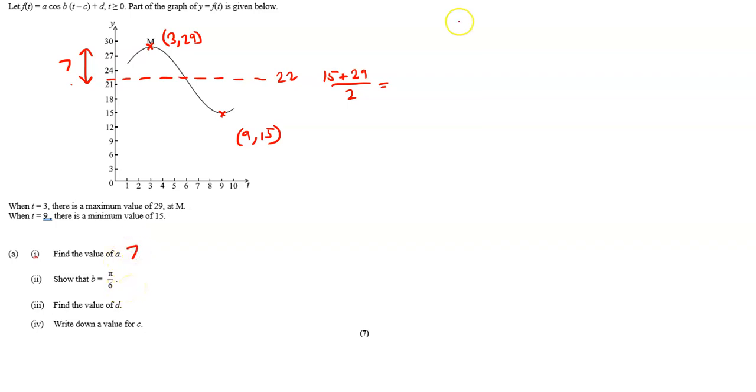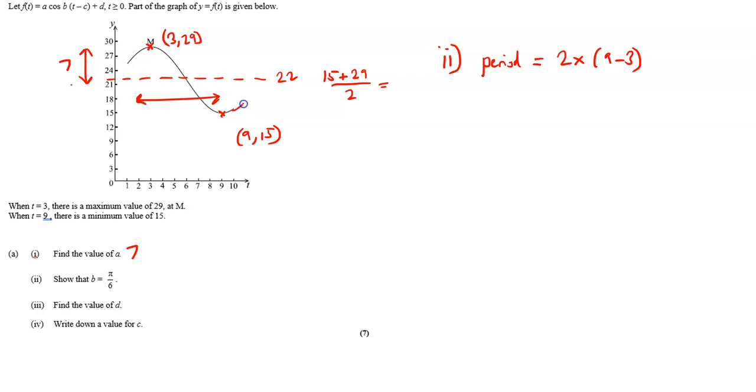Now for part 2, we've got to show that B equals pi on 6. To find that, we need to find the period. And we've got to really show this information. So the period is going to be double the gap, this distance here. So the distance between the maximum and the minimum, which is 9 minus 3.